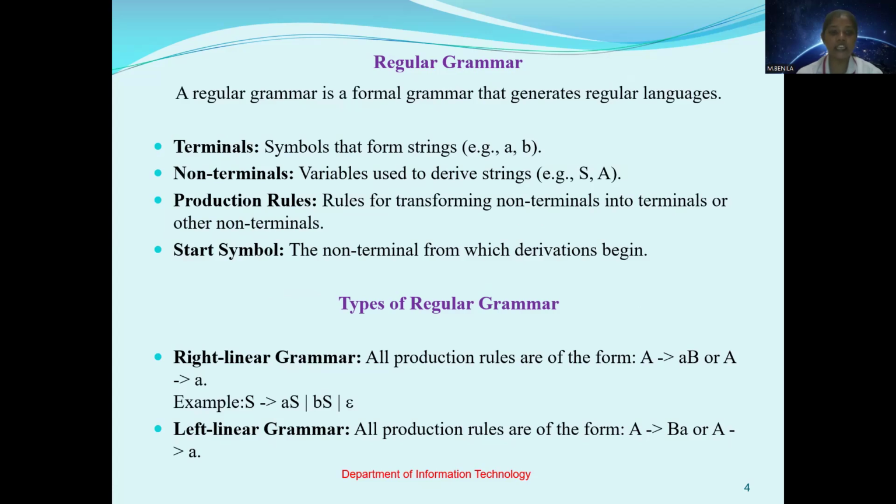For example, S goes to aS, bS, epsilon. Left linear grammar: all production rules are of the form A goes to capital B small a, or A goes to a.